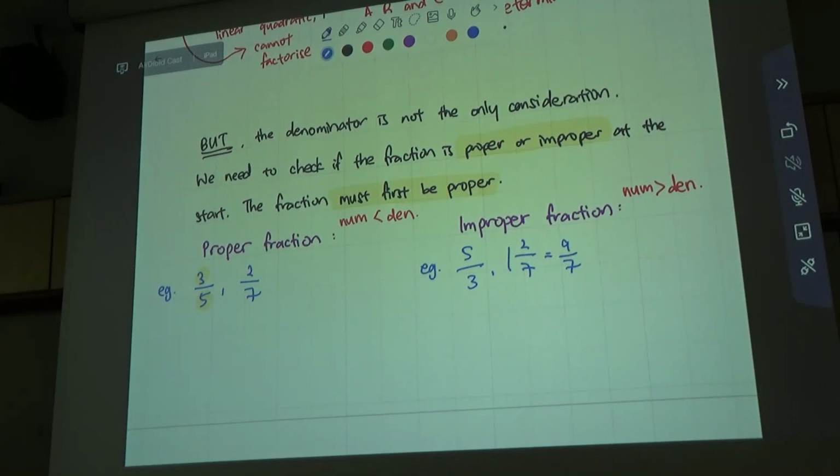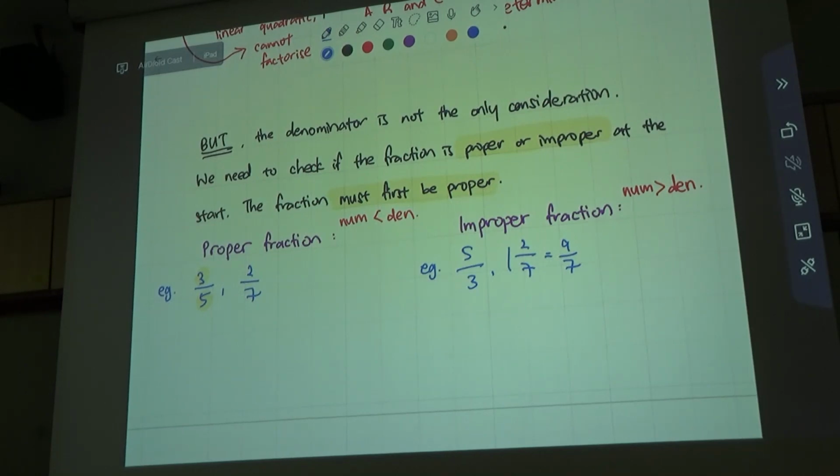So, how do we determine that for an algebraic fraction? Okay, attention over here. For an algebraic fraction, we look at the degree of the polynomial. Because if it's an expression like x plus 1, I will never know whether it is going to end up bigger or smaller than another expression.